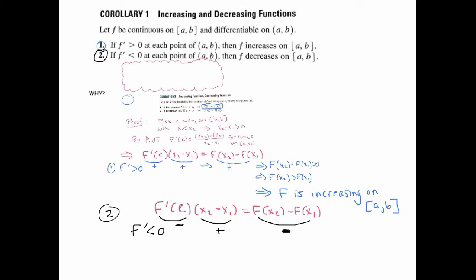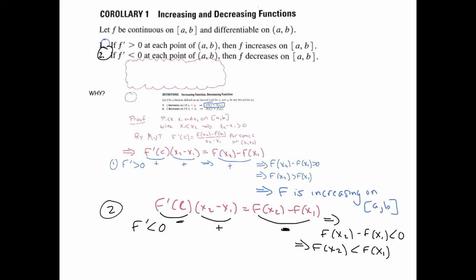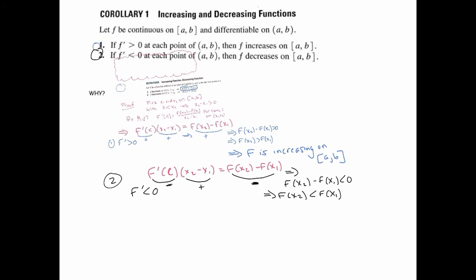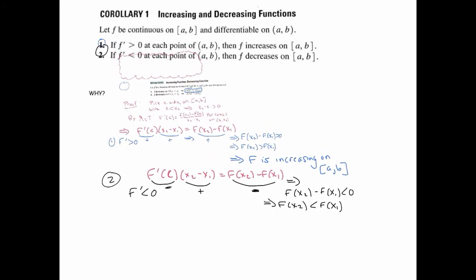So that's a negative number, so that means that f of x2 minus f of x1 is less than 0, which means that f of x2 is less than f of x1, and therefore f is decreasing on the interval a to b.